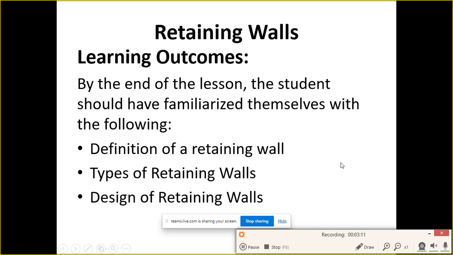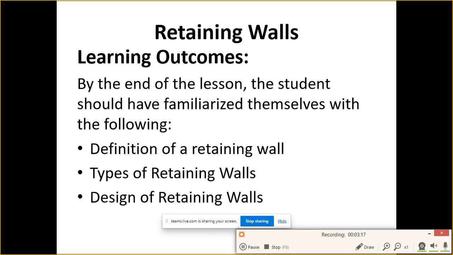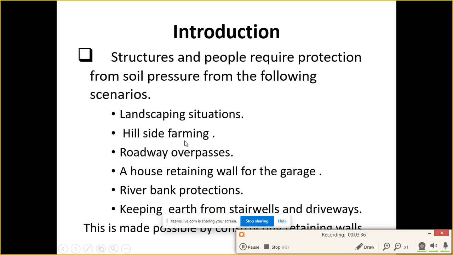So quickly moving on, can someone please briefly tell us what a retaining wall is in your own words? Okay, I'll just move on so that you'll find out the meaning as we go.